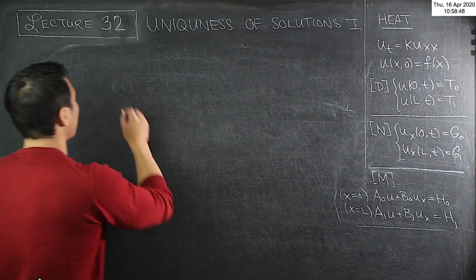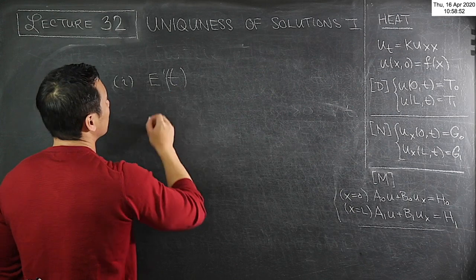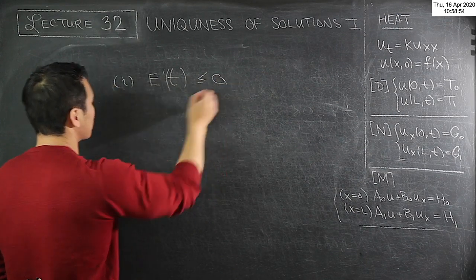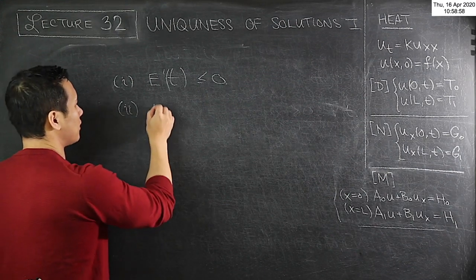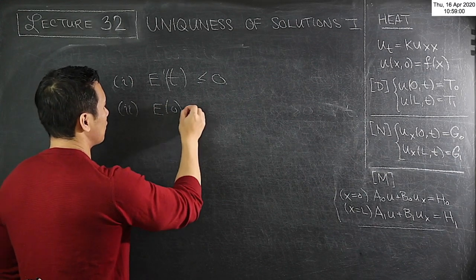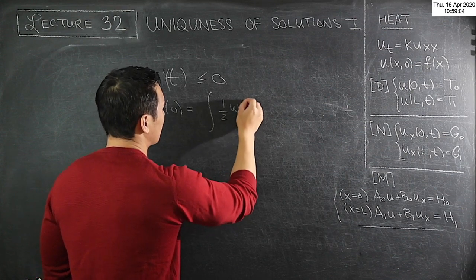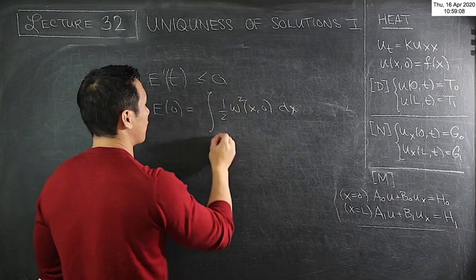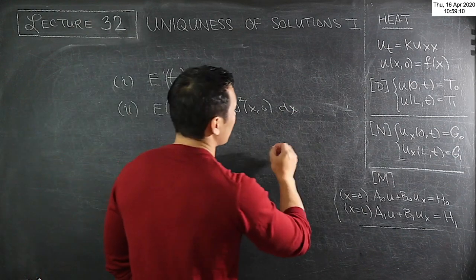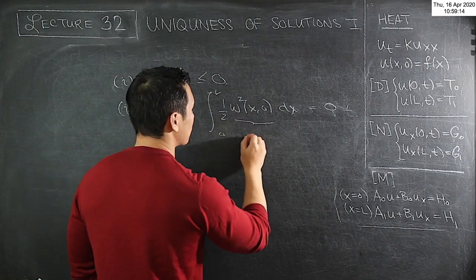We have the fact that E prime of t has to be less than or equal to 0. We also have the second conclusion we wrote down before, which is that E of 0, which is the integral of 1/2 W of x and 0 squared dx from 0 to L, has to be equal to 0 because W starts off at 0.